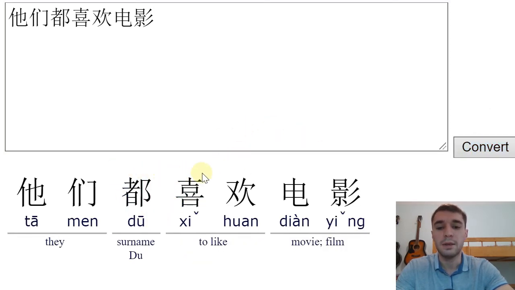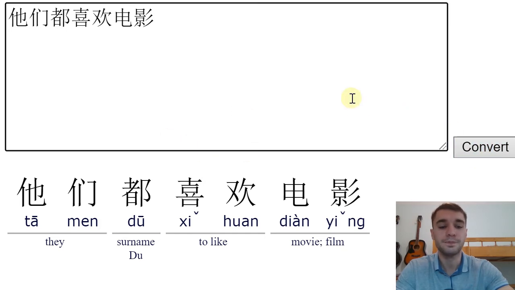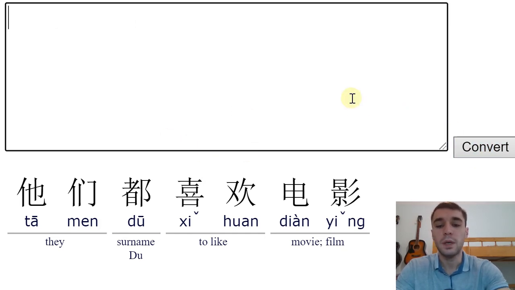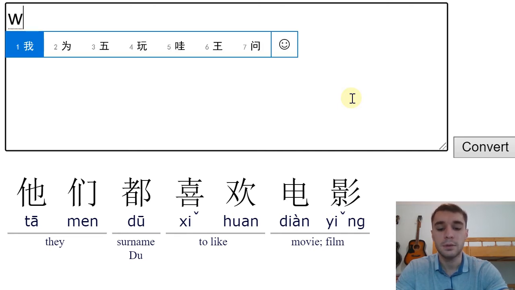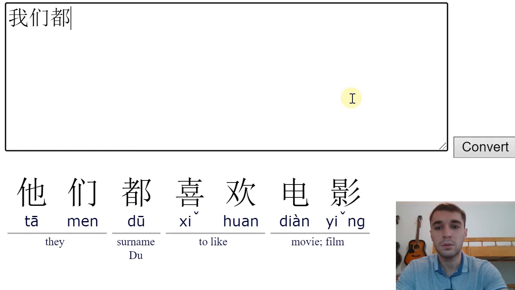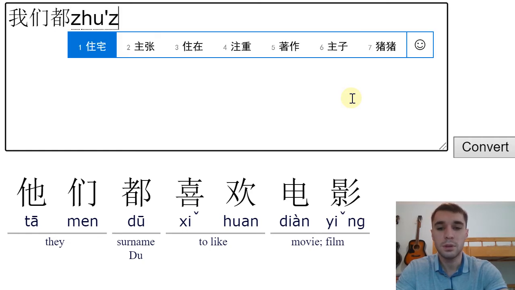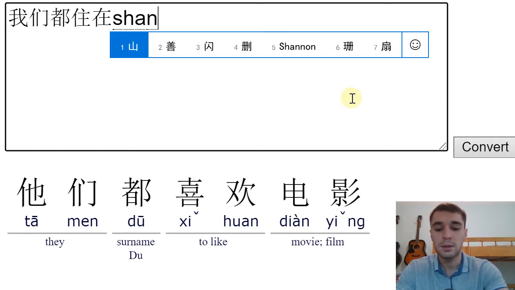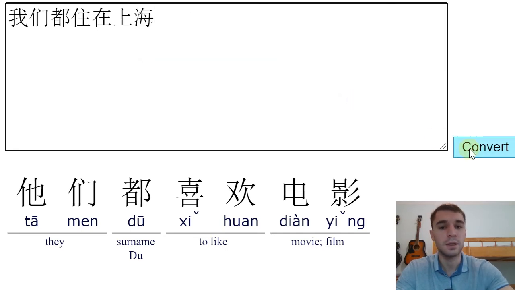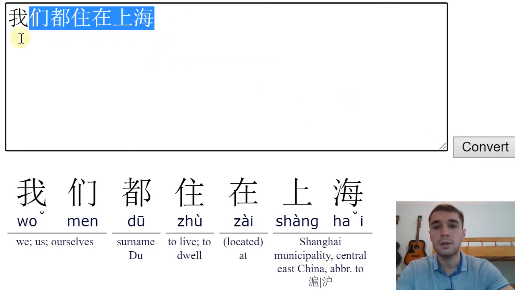Here they wrote 都 because this character has different meanings, different pronunciation. So just say 都, all. Okay. We all live in Shanghai, right? 我们都住在上海, 上海 means Shanghai. Okay, say it for me, please.